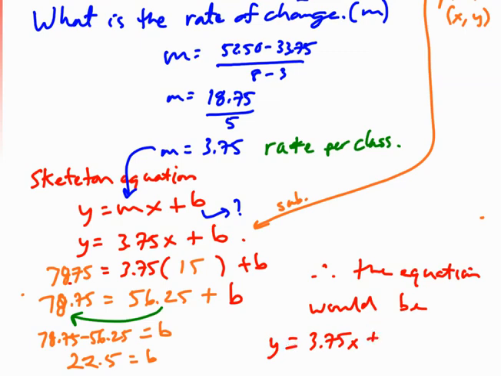Plus, now that's where b is, 22.5. All right, so there we go. We took a numerical version of a table and turned it into an algebraic model in an equation.